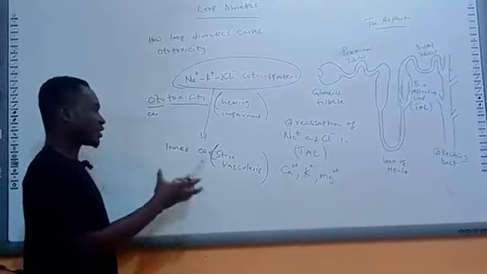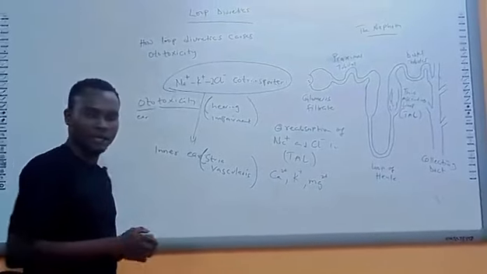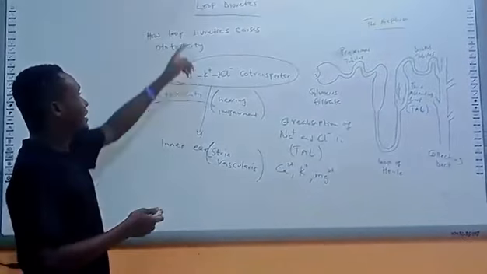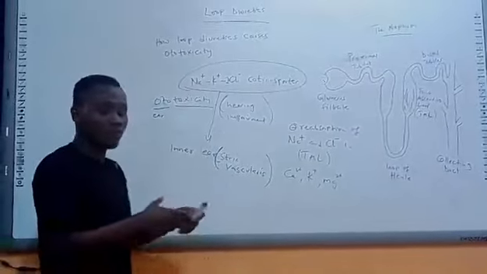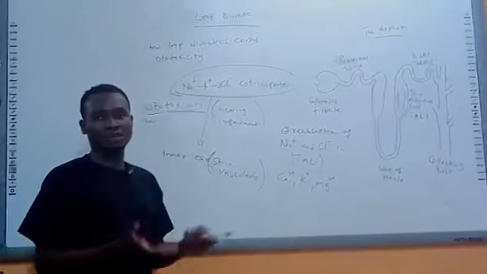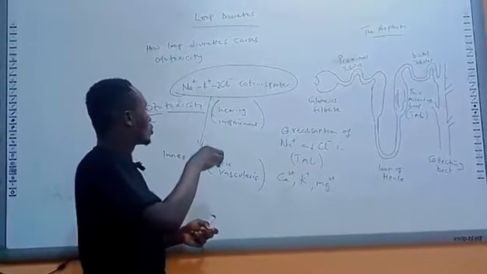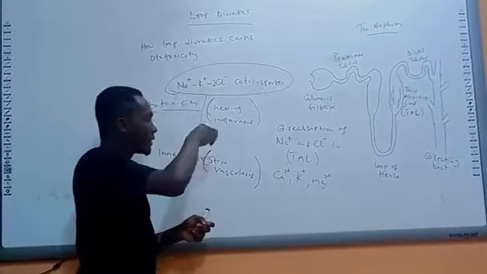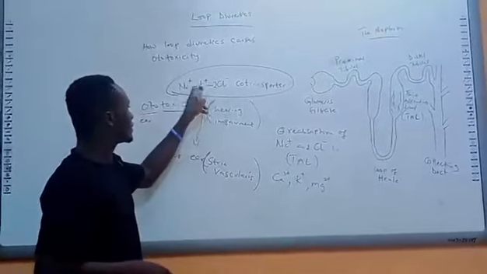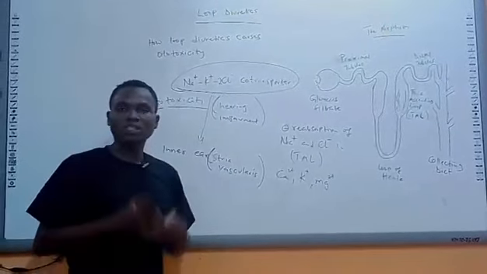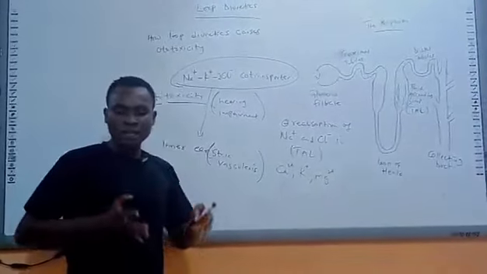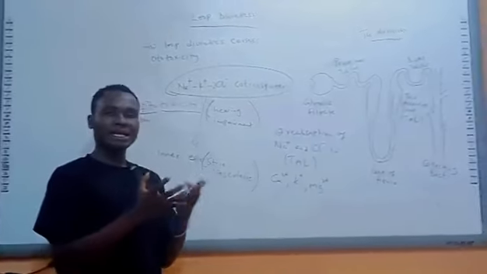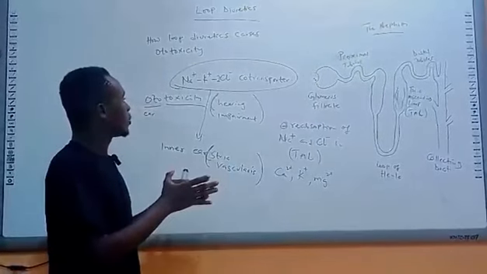So this drug, loop diuretics, for example furosemide or torsemide, goes to the inner ear and inhibits this co-transporter. What's the function of this co-transporter?